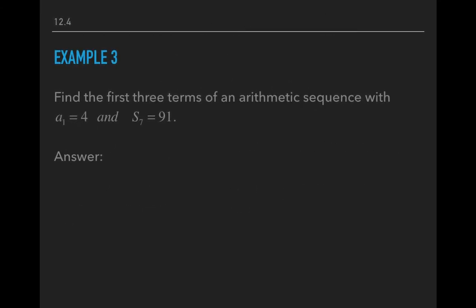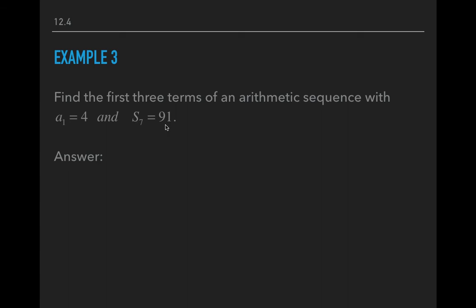All right, now let's find the first 3 terms of an arithmetic sequence, given that the first term is 4 and the sum of 7 terms, that's what this means, the sum or the series of 7, the sum of the 7 terms is 91.